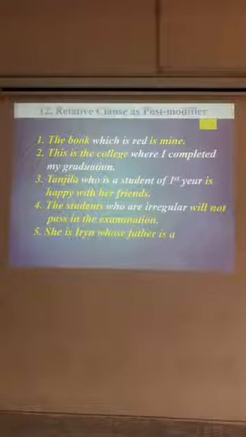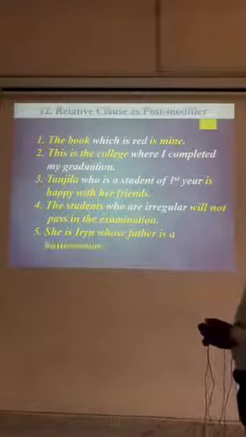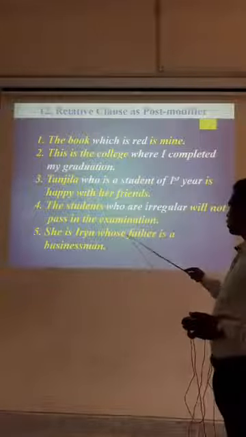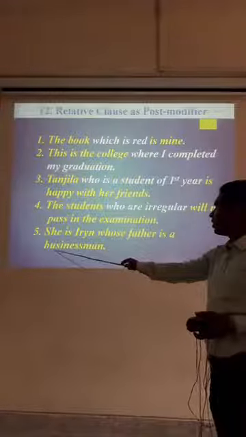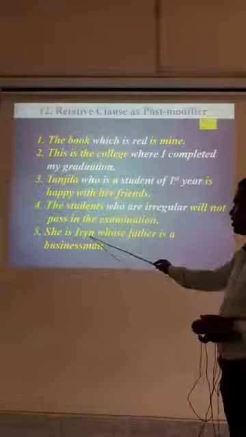Number 5, she is Irene, whose father is a businessman. Whose father is a businessman is used here as a relative clause sitting after the word Irene.